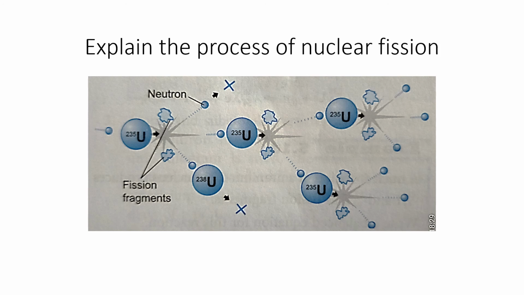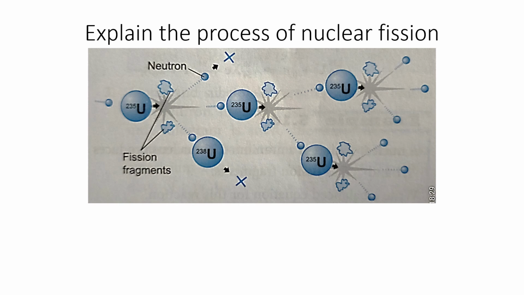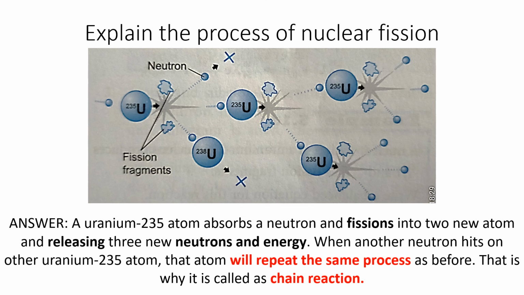Now, using the same image, let us try to explain the process of the chain reaction of nuclear fission. Over here, a uranium-235 atom absorbs a neutron and fissions into two new atoms, releasing 3 new neutrons and also energy.